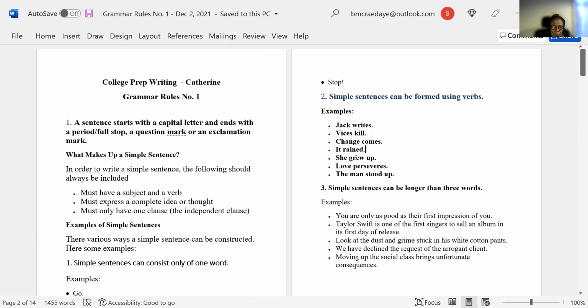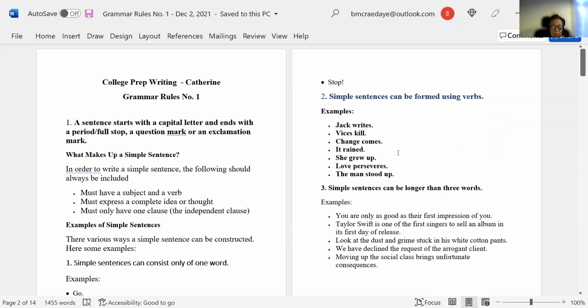She grew up, grew is the verb. Love perseveres, perseveres is the verb. The man stood up, stood is the verb. Now notice your verbs are all action words. They constitute action. Writes, grew, rain, stood, those are all action words.